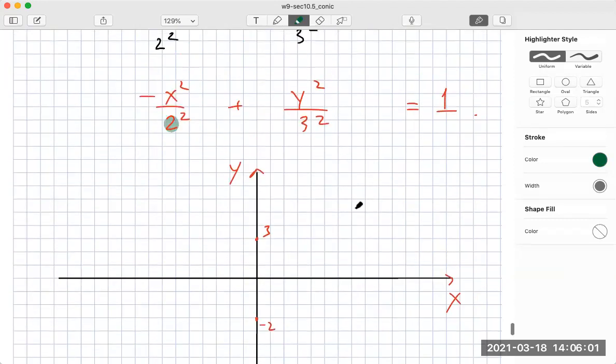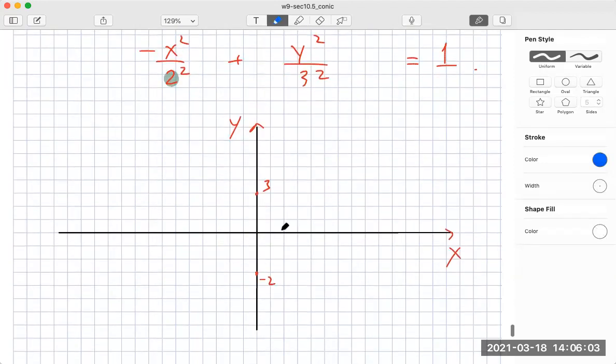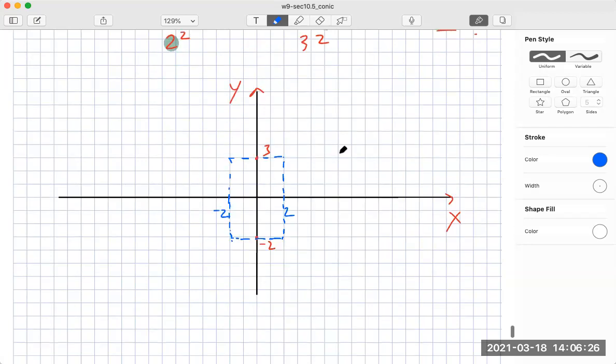Therefore, in the x coordinate, the points are 2 and -2 here. Imagine you are drawing the ellipse. We need to figure out the rectangle here.